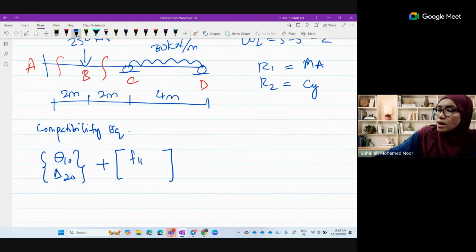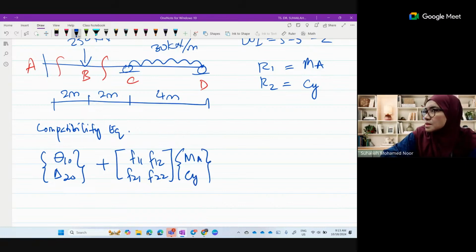So ini standard form 1 F12 F11 F12 F21 F22. Okay, kalikan dengan first redundant is MA, second redundant is CY. Okay. So there is no support settlement, it is 0.